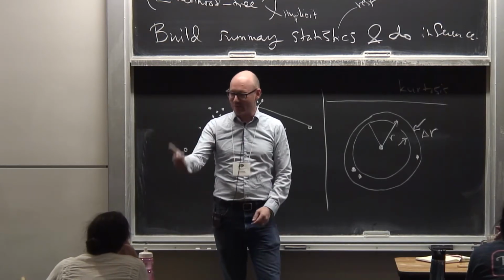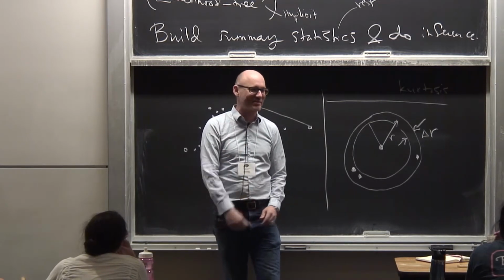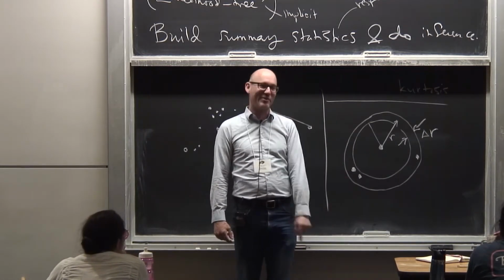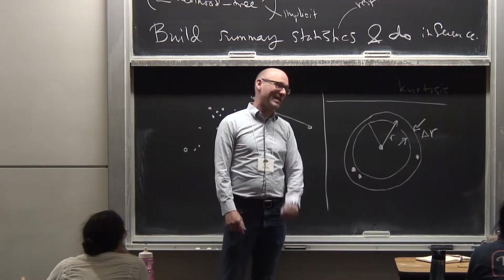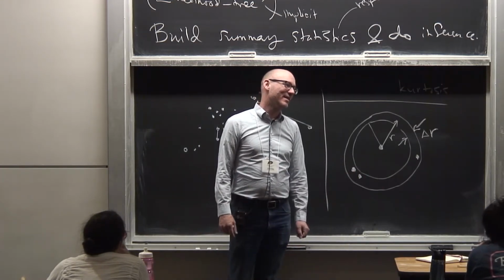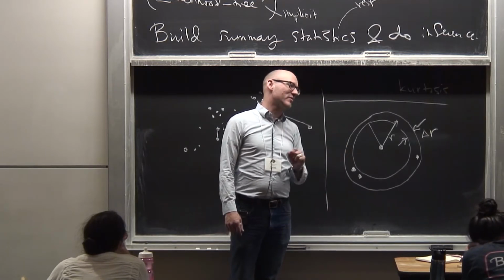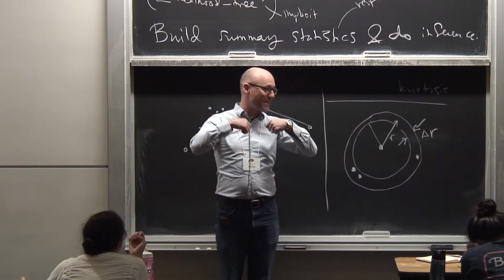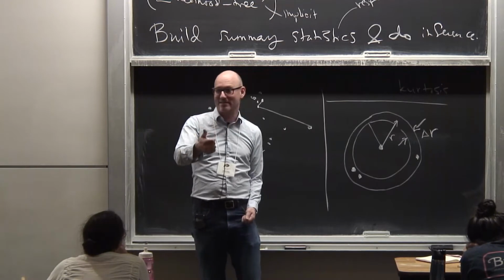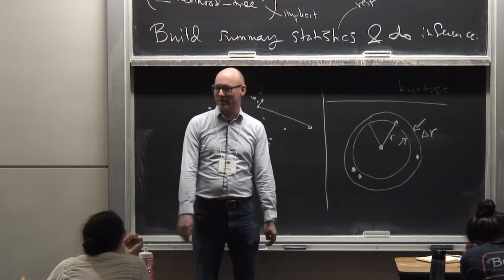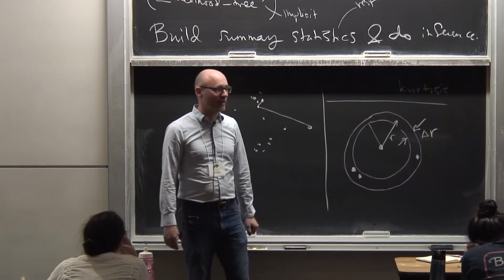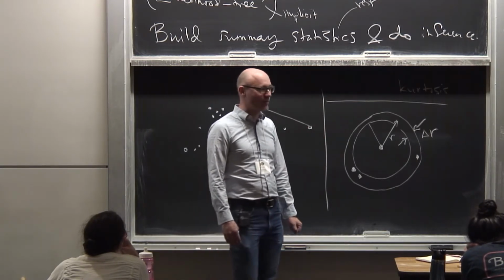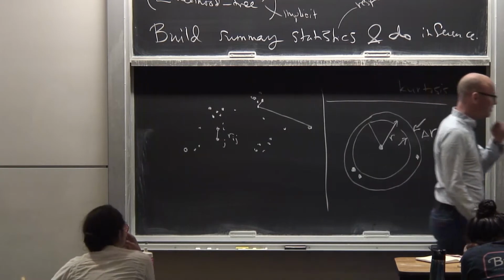Remember I said we're going to do 1-point statistics, 2-point statistics, 3-point statistics. Here's a 2-point statistic, but it does depend on the 1-point statistic because we have to know how many galaxies would have landed in that annulus if we had no clustering, which means if we had the same mean density, the same 1-point statistic, but no interesting 2-point statistics. And that is the correlation function. The correlation function is the ratio, more or less, of those two things.